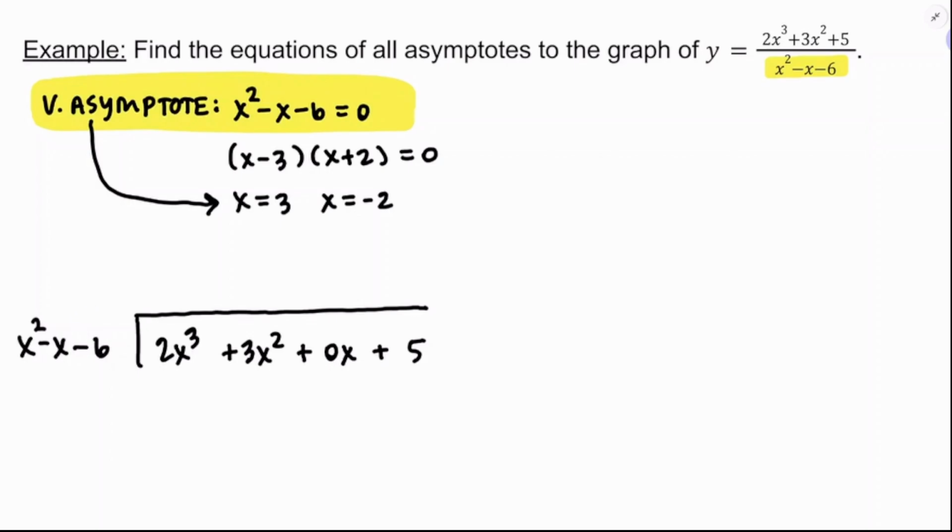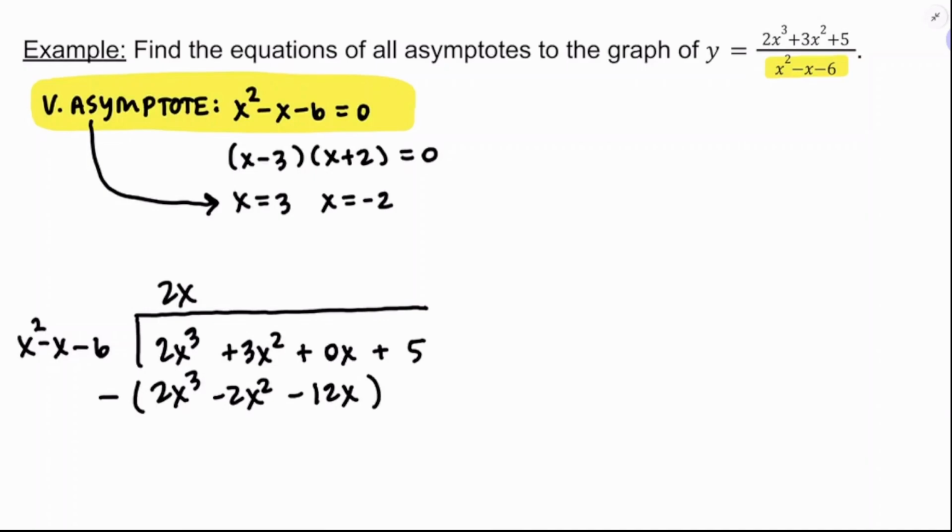All right, and so we're thinking, what do I multiply x squared by to get 2x to the third? That would be a 2x. I'm going to distribute the 2x over the x squared minus x minus 6. So it would be negative 2x squared, and 2x times negative 6 is negative 12x. Now, I'm going to subtract all of these things.